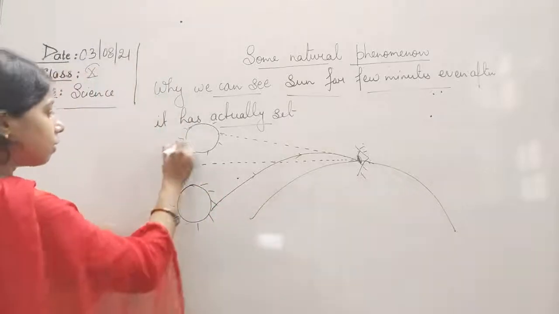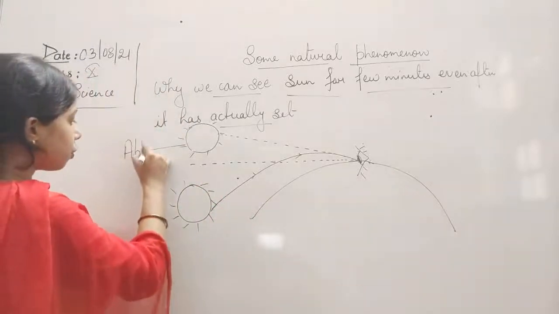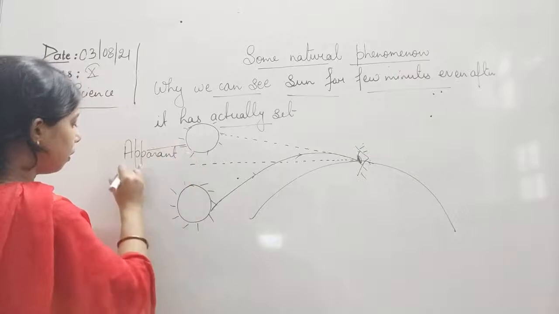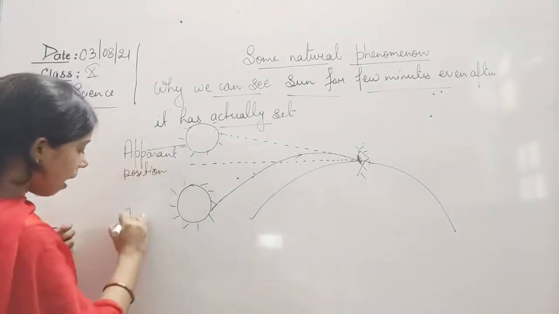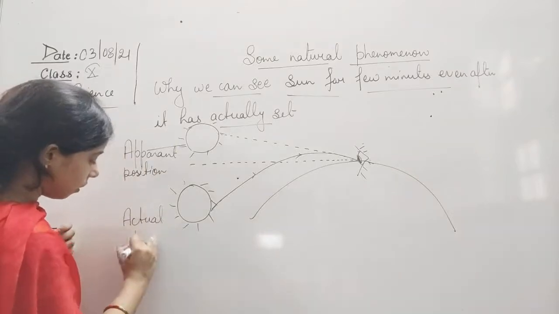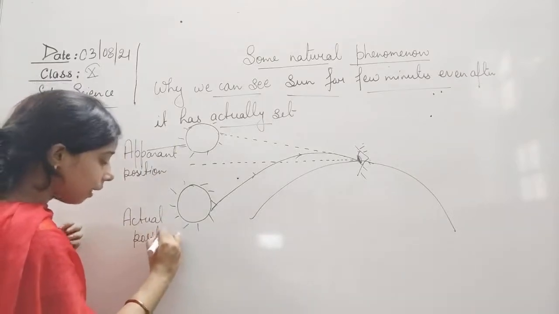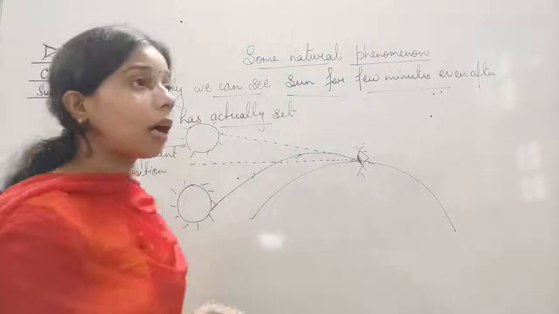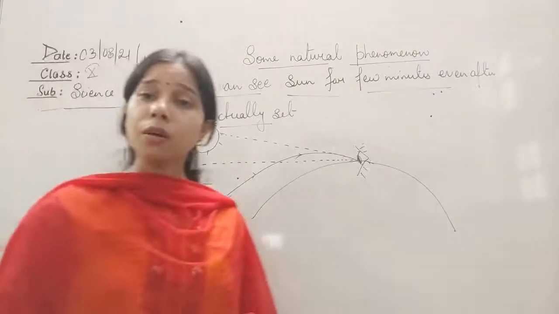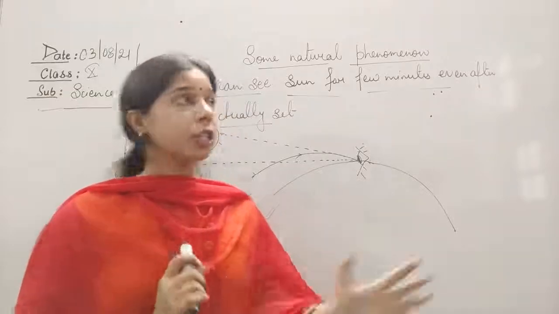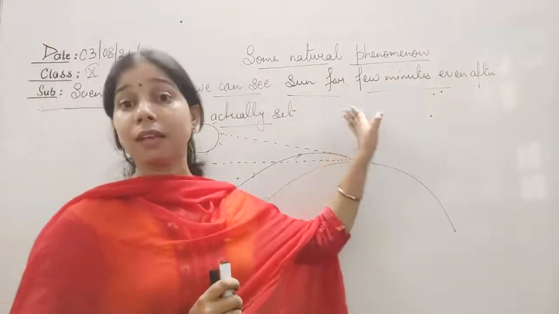So this is the apparent position of the sun. And this is the actual position of the sun. So still it is below the horizon, but we are able to see it because of the atmospheric refraction. Now just opposite, this we have seen in case of a sunrise.